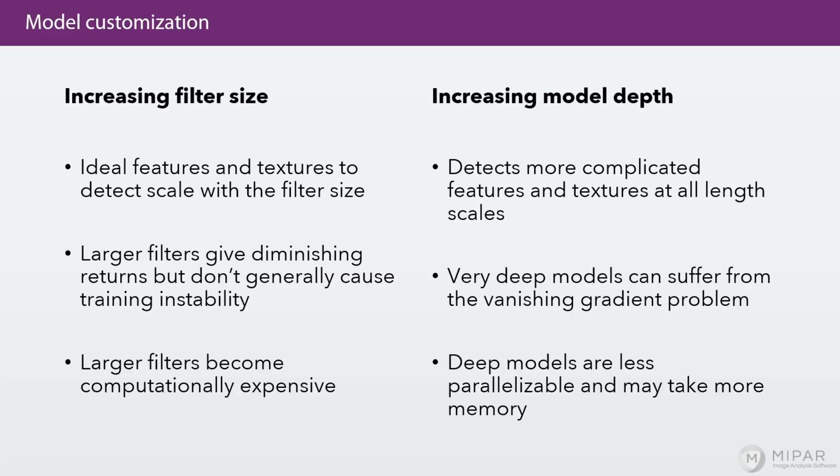And it can take more memory to store all this information. So there aren't any hard and fast rules on which is better for your use case. You might simply have to make some guesses, try different combinations of filter size and model depth until you find a model that really works for your use case.